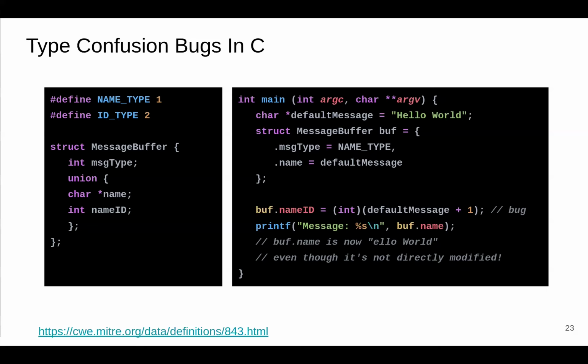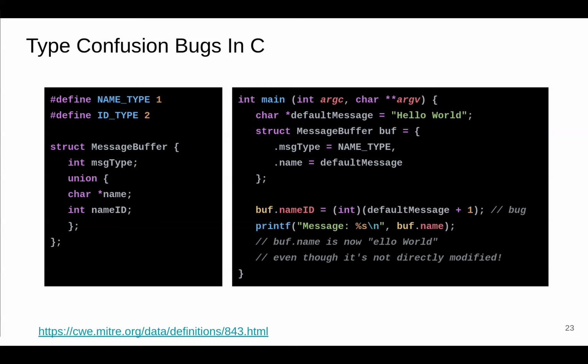So we're setting the name field here, and everything is fine. Now the compiler does not know what message type means, or that you as the programmer are specifying the type in here. You as the programmer are responsible for it.